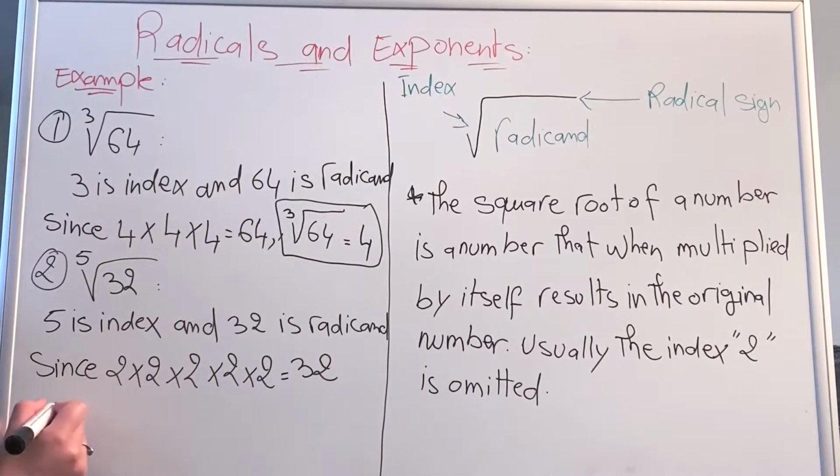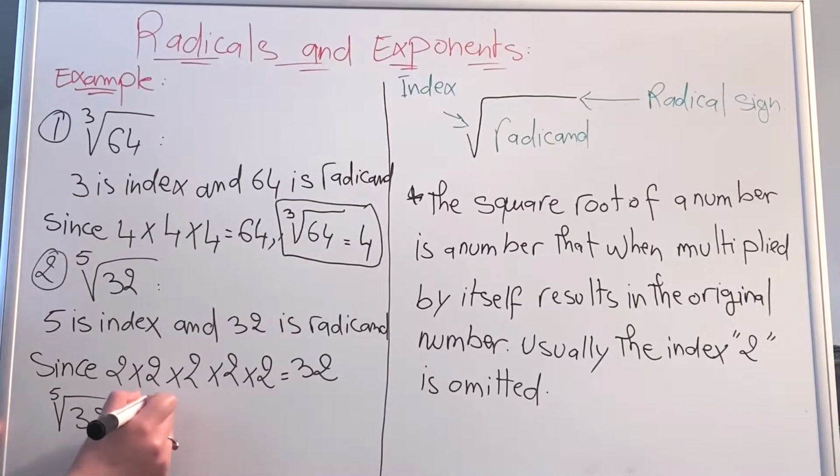That means the fifth root of 32 equals 2.